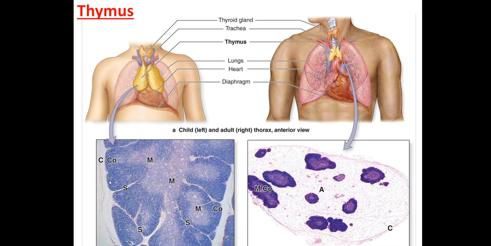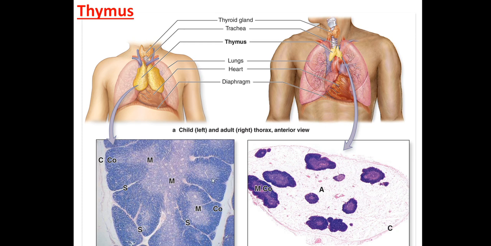The thymus is capsulated and vascularized, meaning blood vessels are present in the capsule. This capsule is a dense connective tissue that sends processes, or septa, inside the thymus. Incomplete septa divide it into lobules.